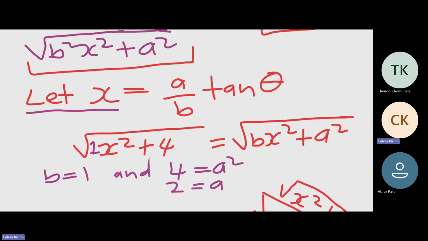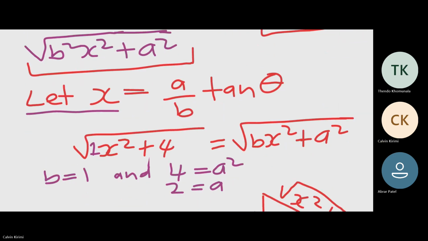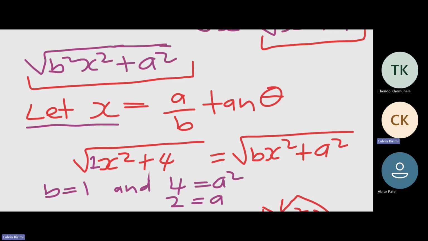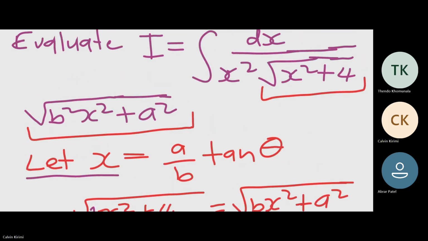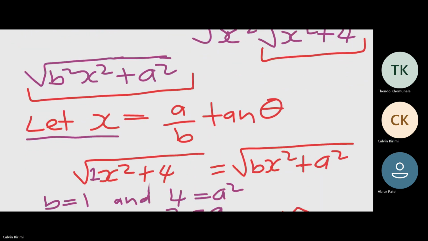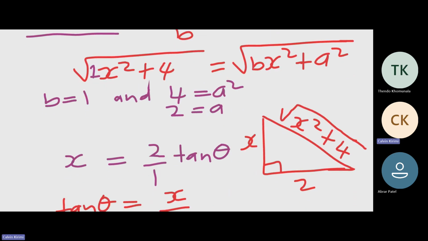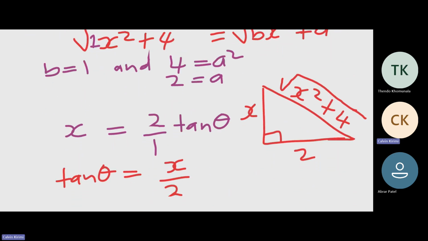If you make another substitution, it will not work, or it will take long for you to arrive at the answer. After that, we want to know the values of A and B when we compare. While comparing, we can see that our A is 2 and B is 1. Then we substitute in the formula. Then we draw the triangle. So that's where we are now.